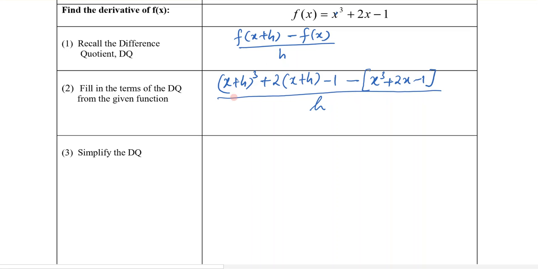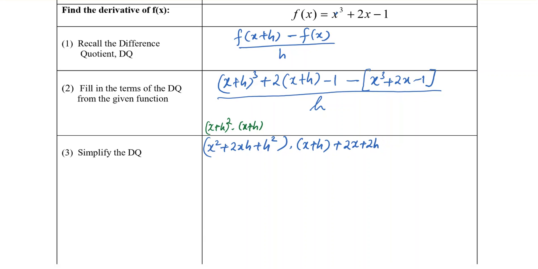We can think of this as x plus h squared times x plus h. x plus h whole squared is a squared plus 2ab plus b squared, times x plus h, and then we have plus 2 times x plus h, which we can just expand, 2x plus 2h minus 1 minus x cubed, and bring this negative inside.